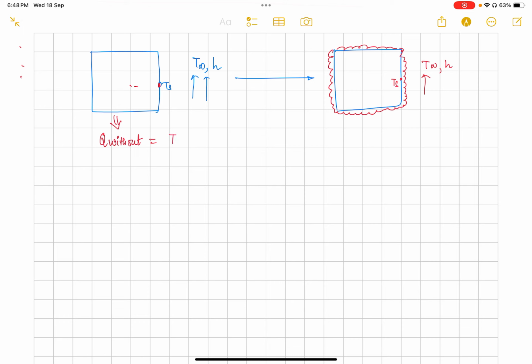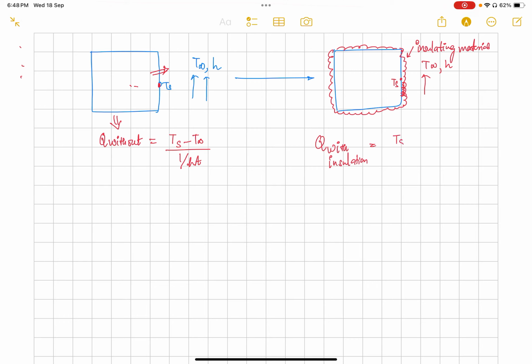So heat will go from Ts to T infinity, Ts minus T infinity, and there will be only one resistance, the convection resistance 1 by hA. When we insulate, the extra conduction resistance of the insulating material also comes into the picture.